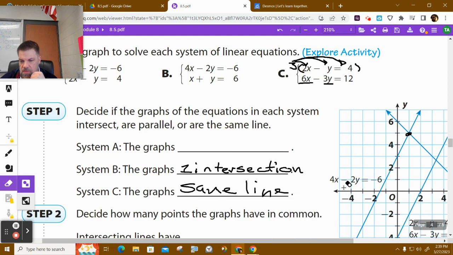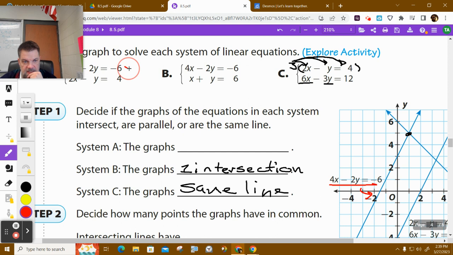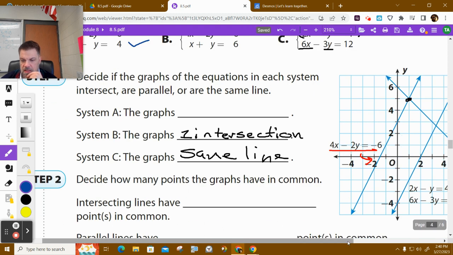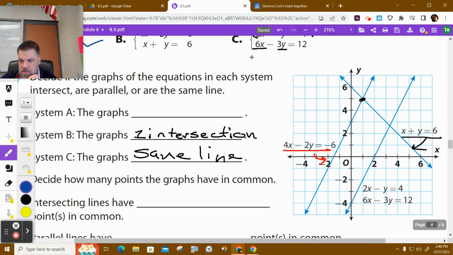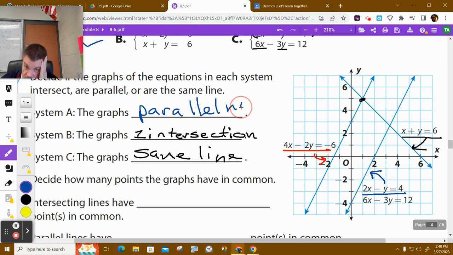That's this equation here, that's this line, right? And then this equation here is 2x minus y, which is this line here, right? What do you notice about those two lines? They're parallel. So now, because they're parallel, they have no solutions.